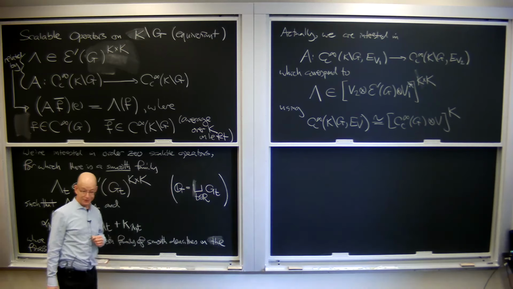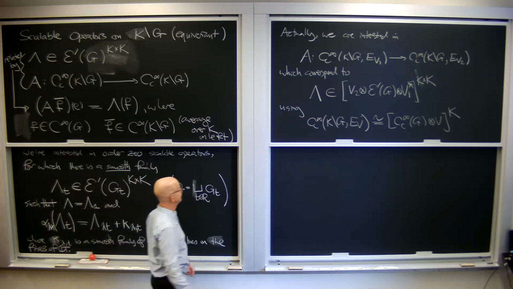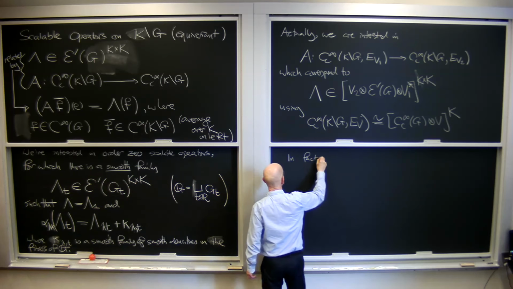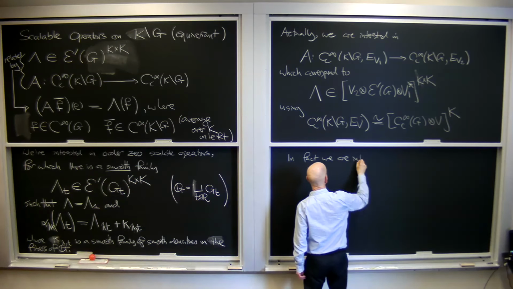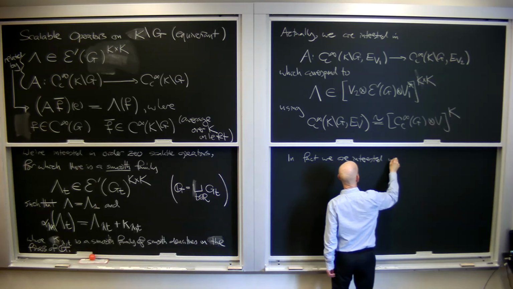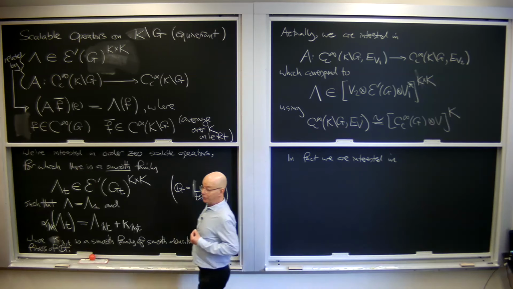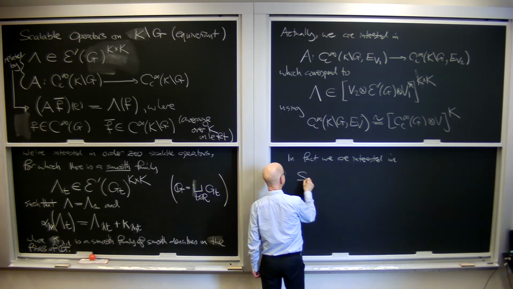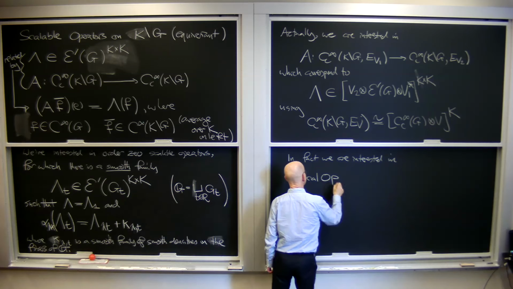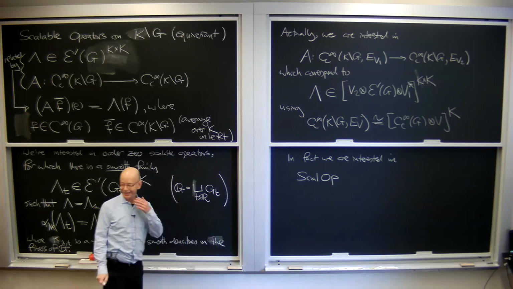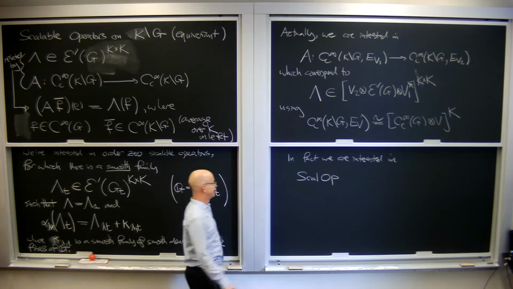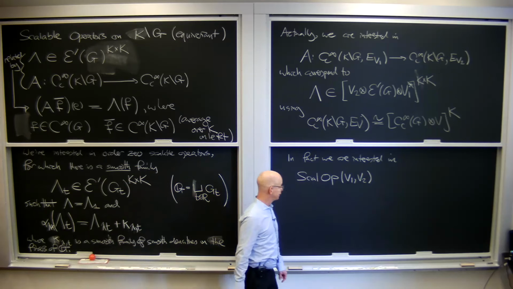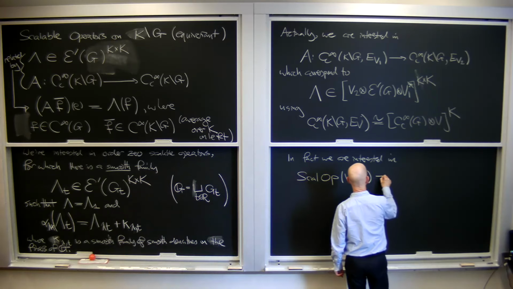And actually, this is still not quite what we're interested in. I've been wrestling with what to call this thing, and this is the best I came up with: Scallop, scalable operators from the vector bundle associated to V1 to the vector bundle associated to V2.